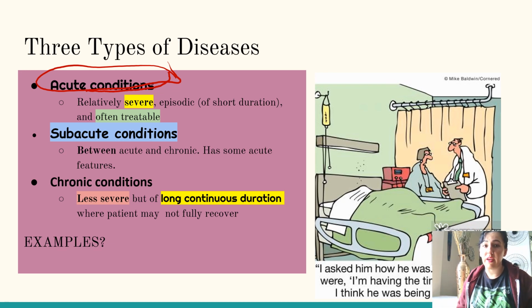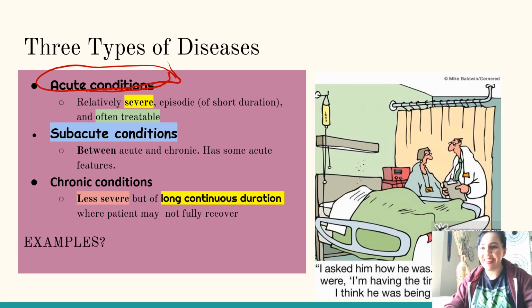So at that point, they have to rush you into surgery. They have to put your parts in place and whatnot. And so they're treating your acute condition because that's pretty severe. It's episodic. It's going to be short in duration because during that time that you have the acute condition, they're just patching you up, putting your bones in place, however that works.